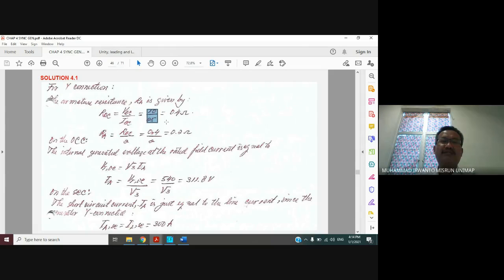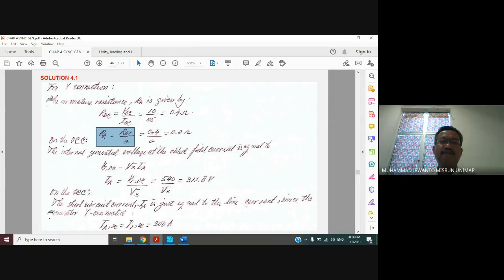After that, for the Y connection, RA is equal to RDC over 2. This is the formula for the Y connection. So RDC 0.4 over 2 is 0.2 ohms.